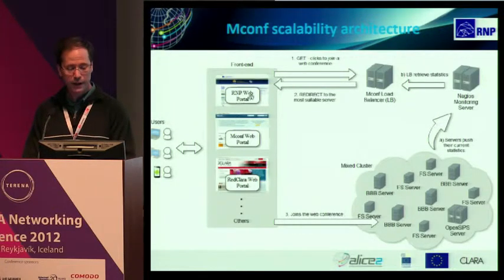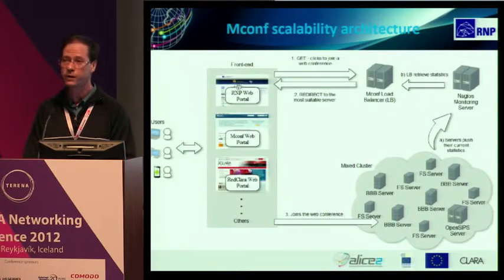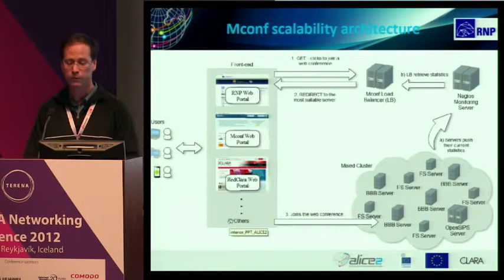When a user enters any portal, it can be the Brazilian NRAN called RNP web portal, or mconf web portal, or Red Clara web portal, or any of your country or NRAN web portal, the user clicks on a join button. I want to join a conference.